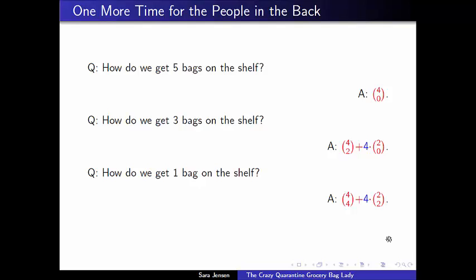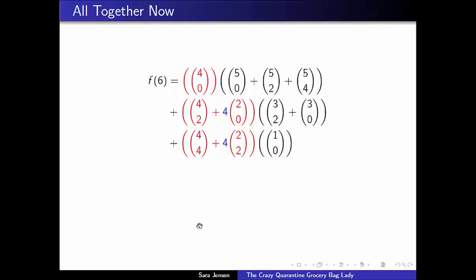So altogether, if we plug these values in for A, B, and C into our equation, we should find that f of 6 should be equal to this sum given here, where our A, B, and C coefficients have something to do with the only way that we could have gotten this number of bags in stage 5.